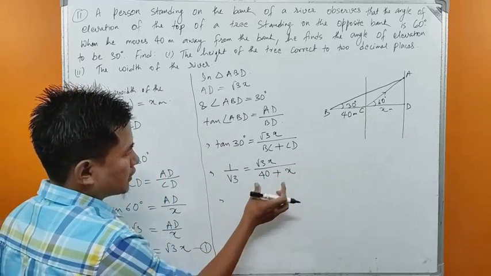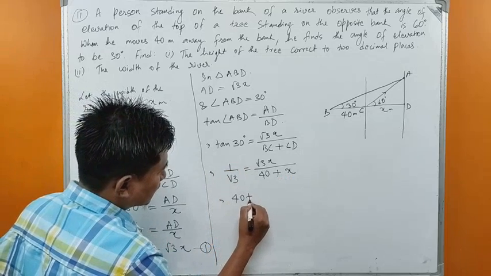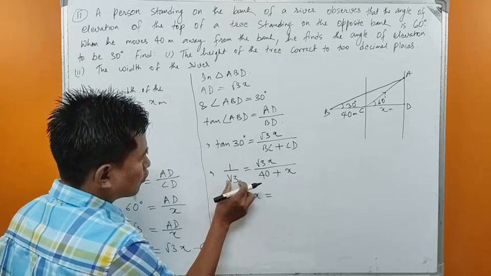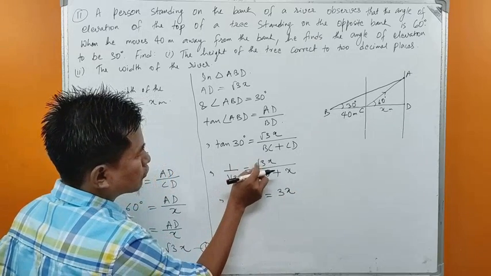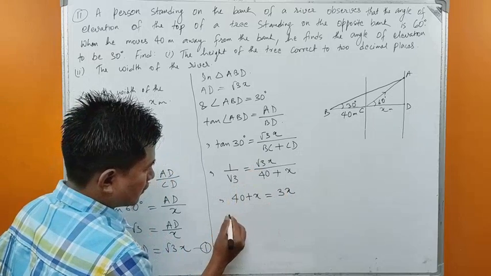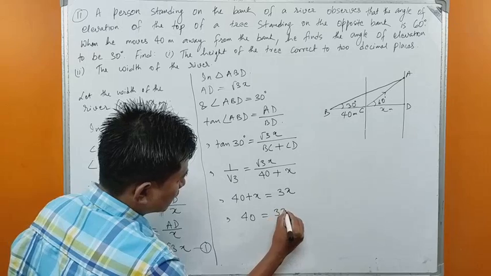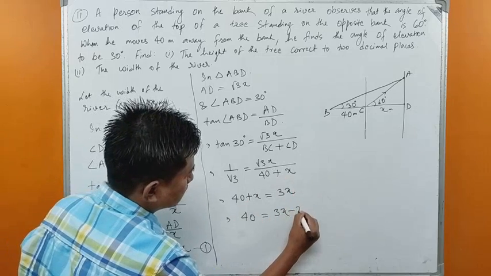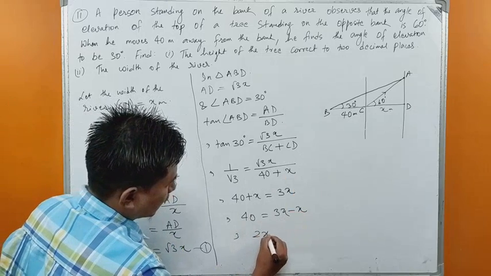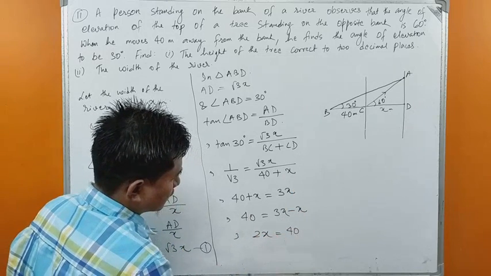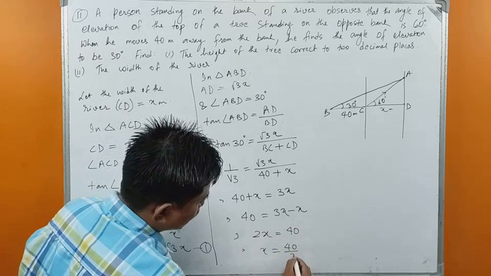So let us cross multiply this. 40 plus x into 1, 40 plus x equals root 3 into root 3x, which is 3x. So 40 equals 3x minus x, since x goes to the right hand side. 3x minus x is 2x. 2x equals 40, isn't it? Or x equals 40 by 2, that is 20.